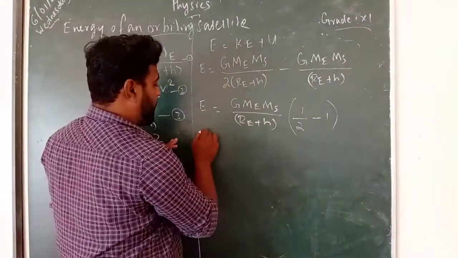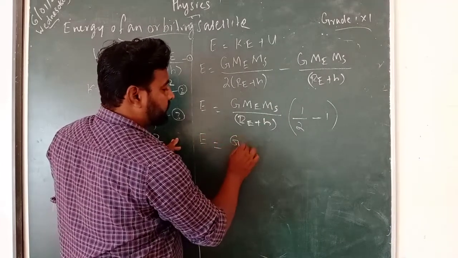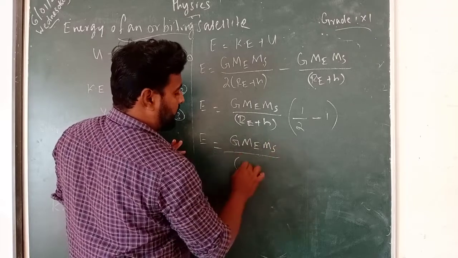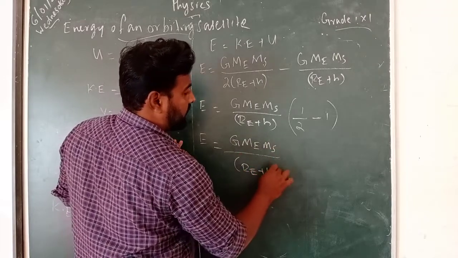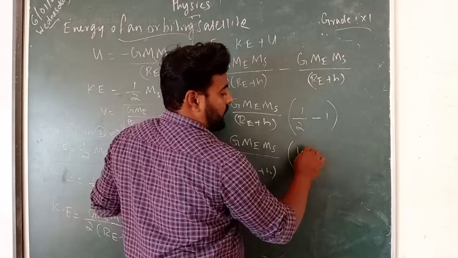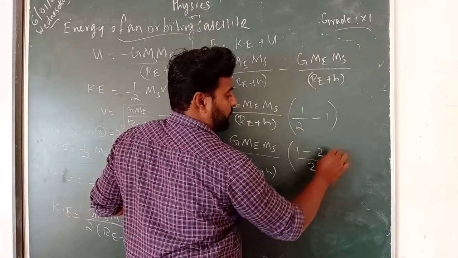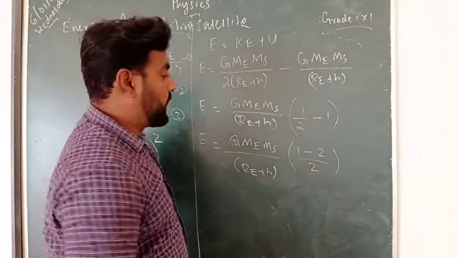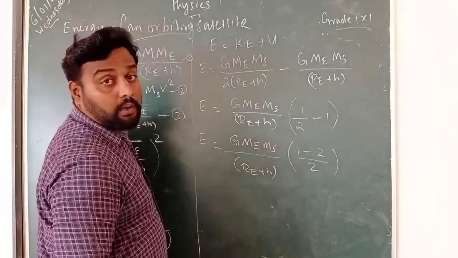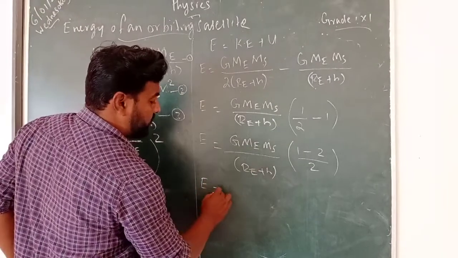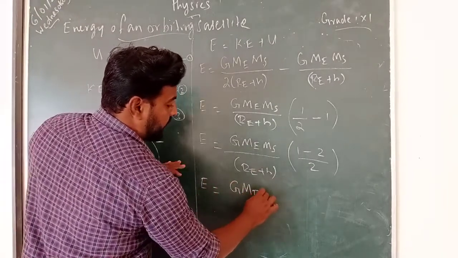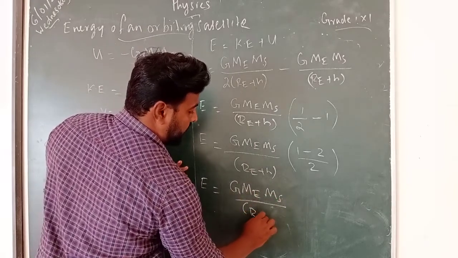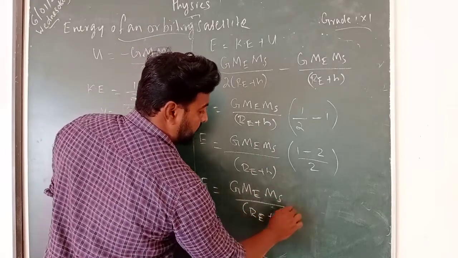So 1 by 2 minus 1, taking the LCM, 1 minus 2 by 2. So 1 minus 2 is minus 1.